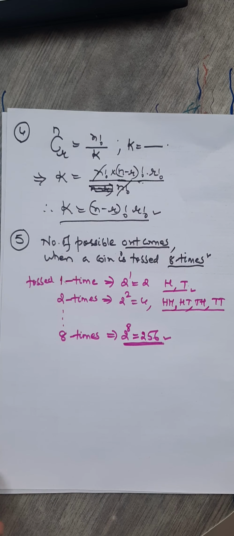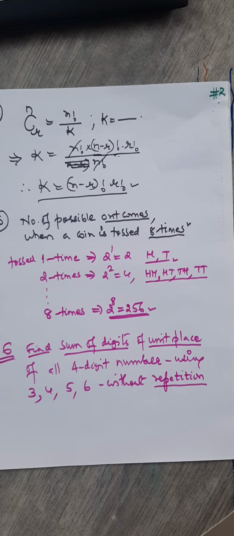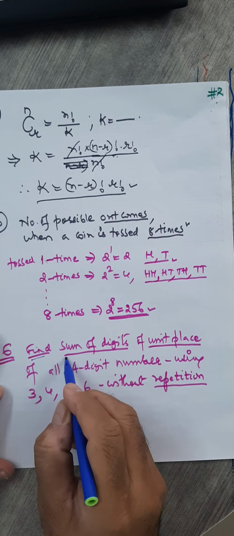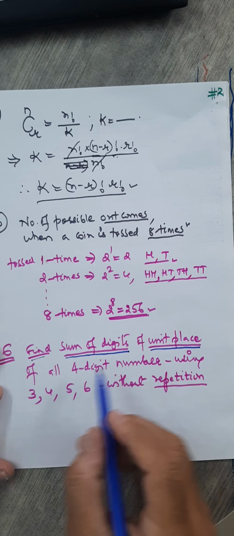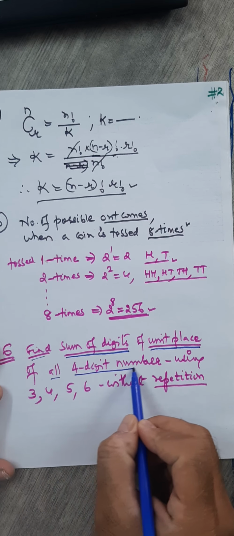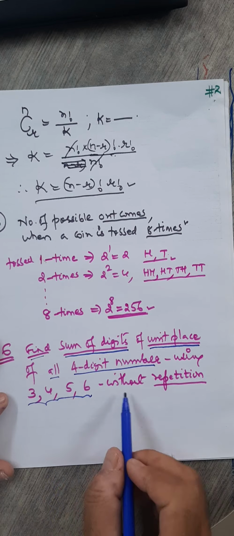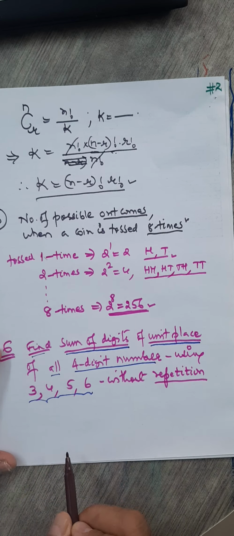Okay. Next question. See here, the question is: find the sum of digits at the unit place of all 4-digit numbers that can be formed using 3, 4, 5, 6 without repetition. So the first question is, how many 4-digit numbers can be formed?